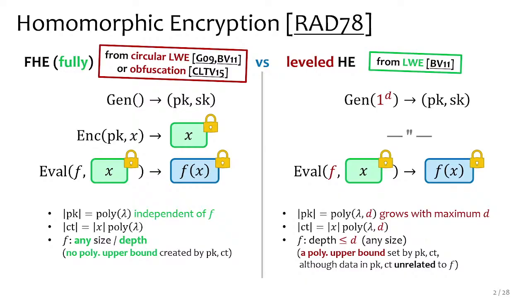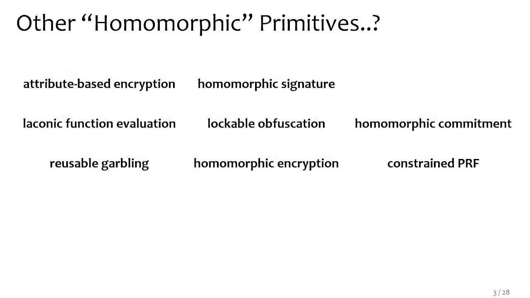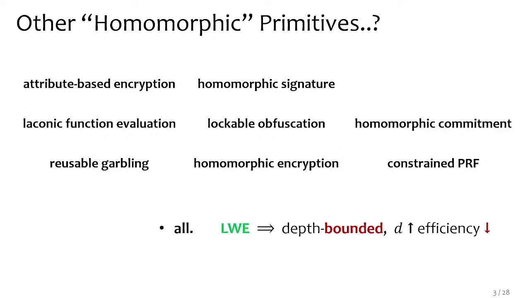Okay, so there are also many other homomorphic primitives, some of which don't have homomorphic in their name, but they're all related somehow. So for all of these primitives, we know how to build a depth-bounded version of that scheme from LWE. And as the depths go up, the efficiency goes down.